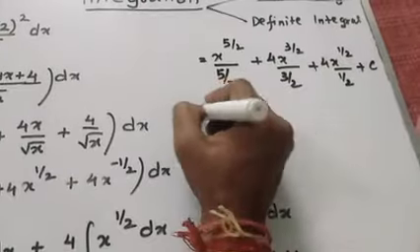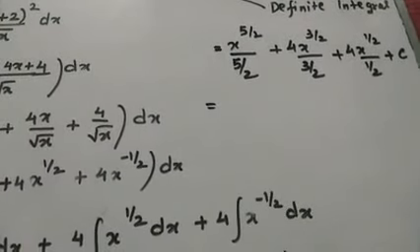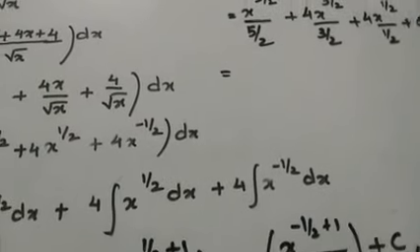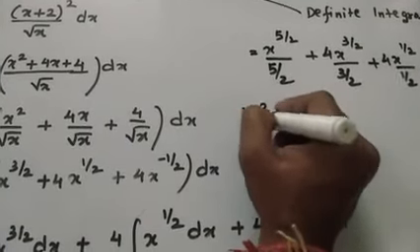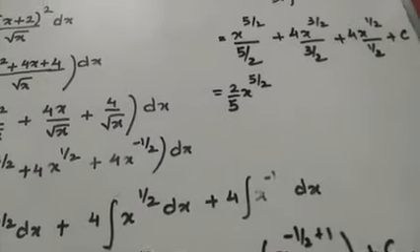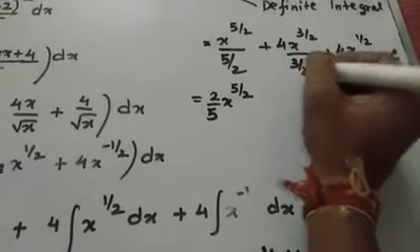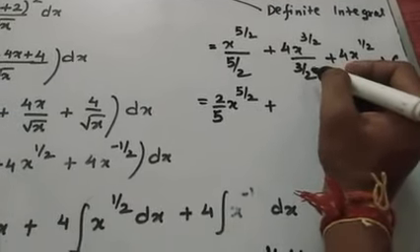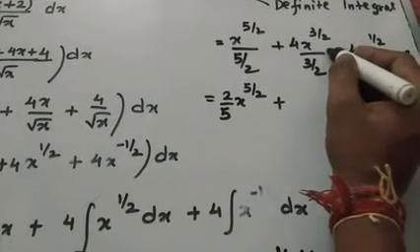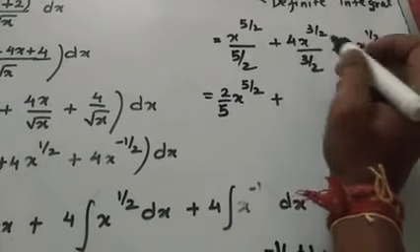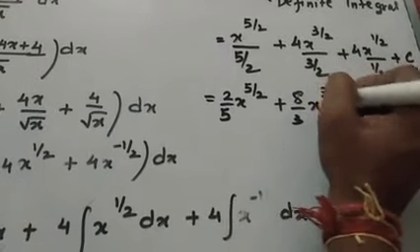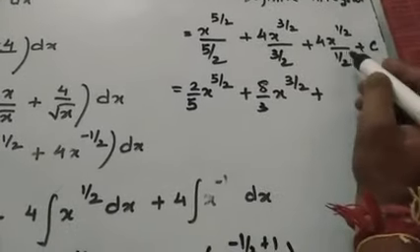Okay, now 5 by 2 in division, we will convert into multiplication. So by that it becomes 2 by 5 x to the power 5 by 2. Next here 3 by 2 is in division, if you convert into multiplication it becomes 2 by 3. Now 2 into 4, 8 by 3 x to the power 3 by 2, plus half.